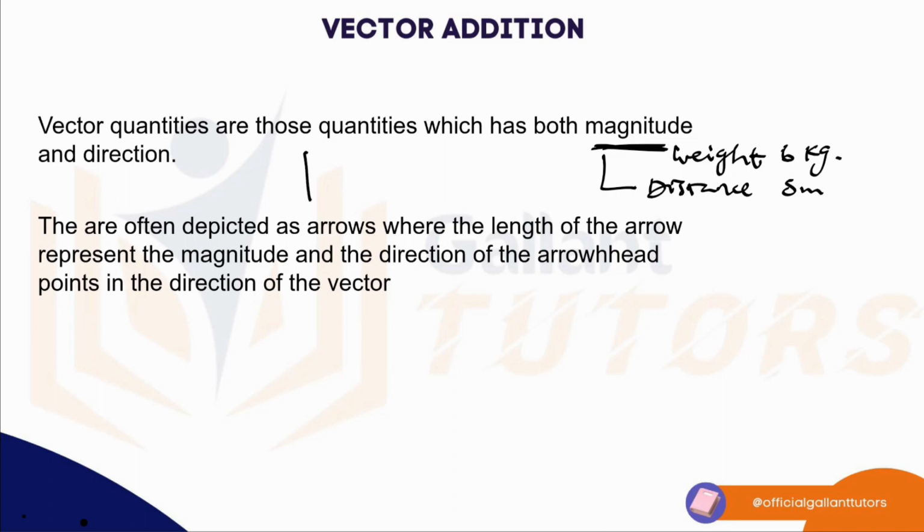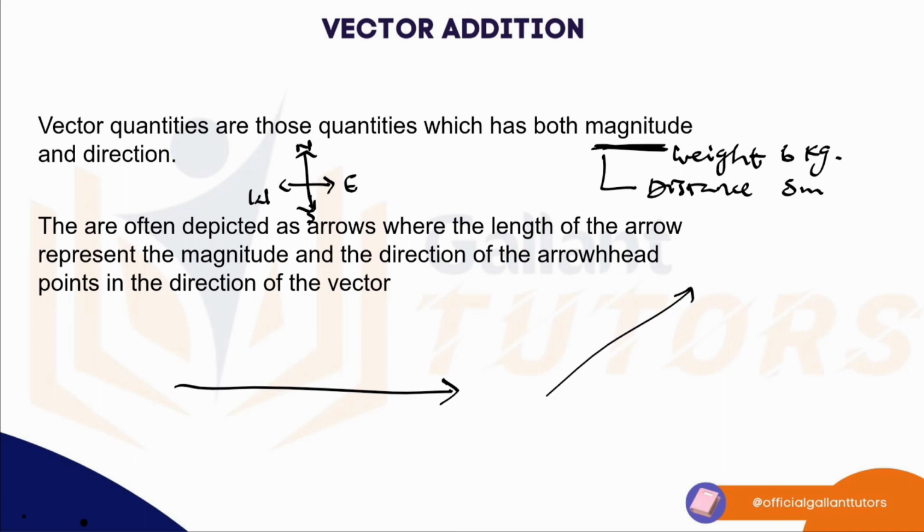All right. So direction means, is it moving towards the east, the south, the west, or the north? That's what the direction is trying to specify. They are often depicted as arrows. Whenever I see a vector quantity, most times they will usually depict it this way.